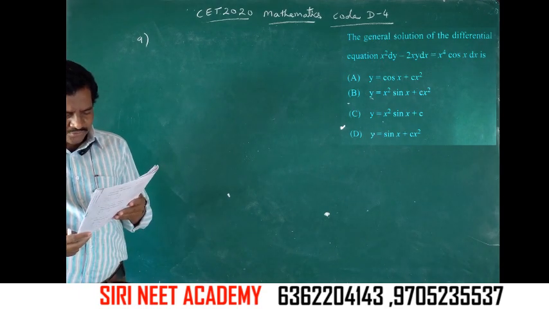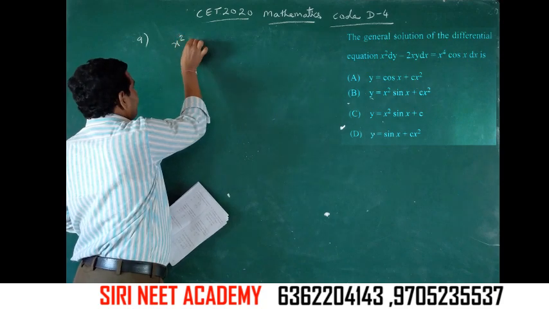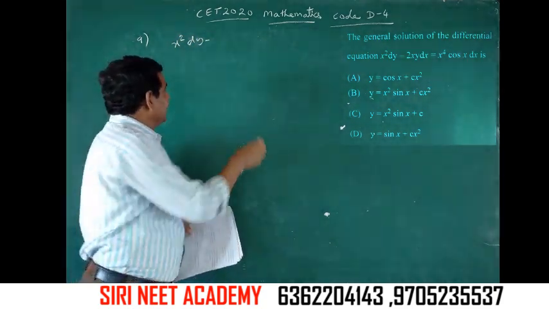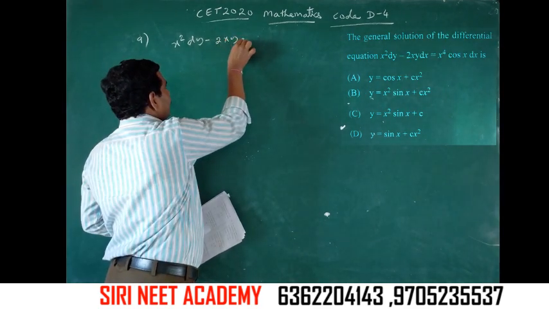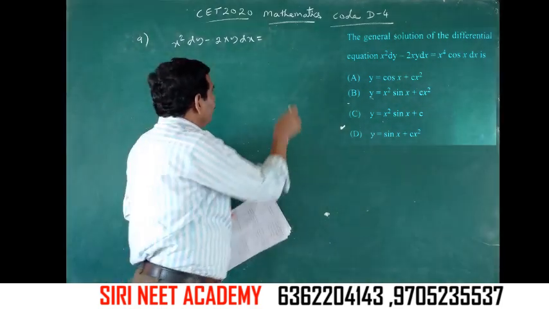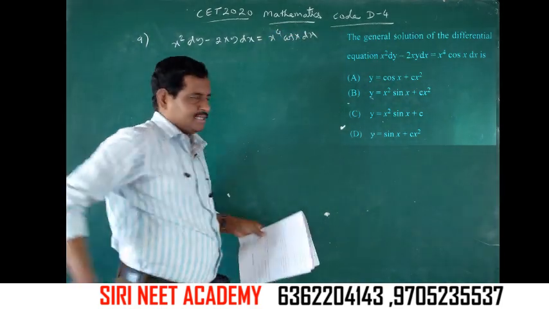Number 9. The general solution of the differential equation x squared dy minus 2xy dx is equal to x power 4 cos x dx.